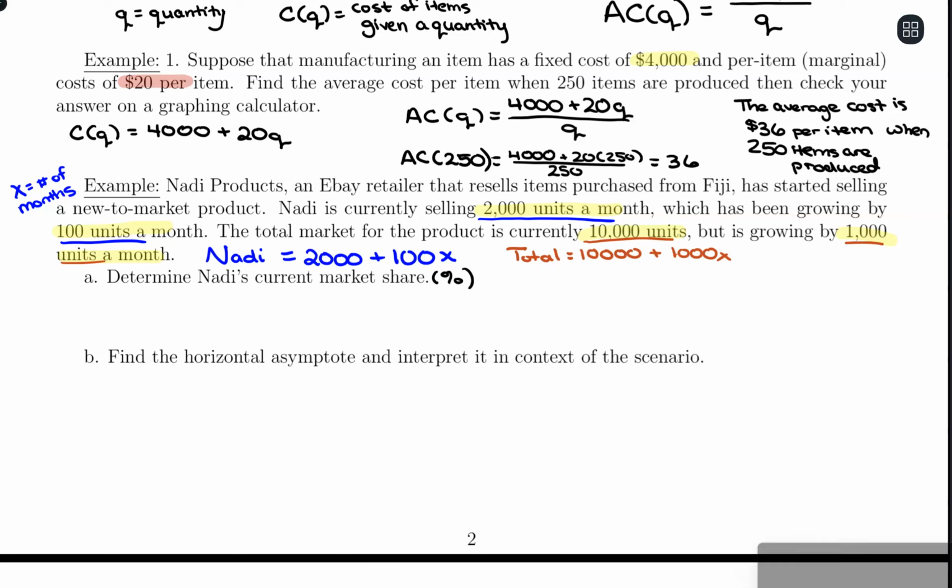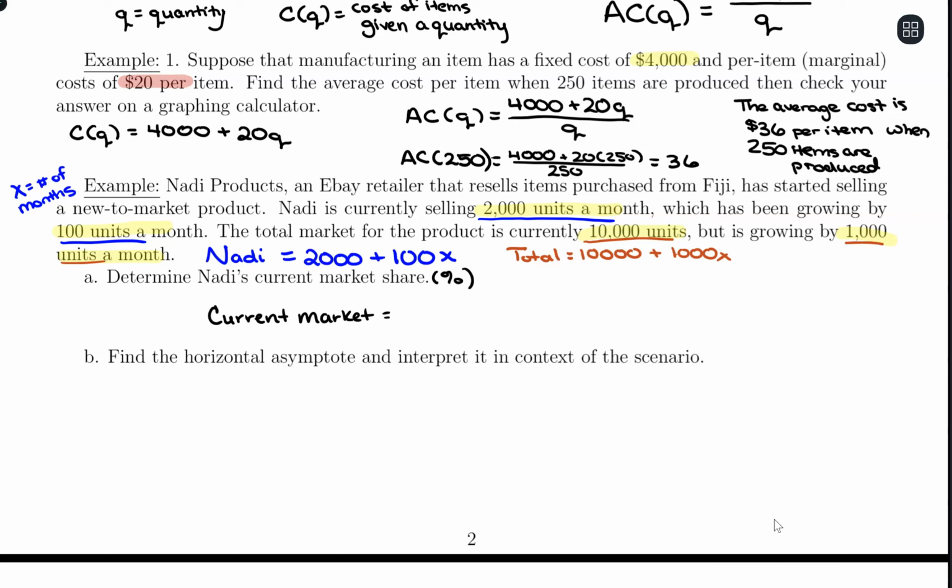But then we could take a company like Apple and see what percentage of the market they are taking up. So this total market for smartphones, and what percent of that market is Apple taking up. So that's what we're doing here, just with this fictional eBay company, and then this total market for whatever they're selling. So to find this current market share, what we're going to do is create a ratio between these two.